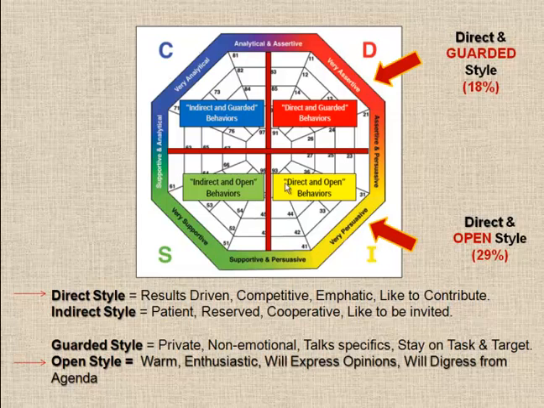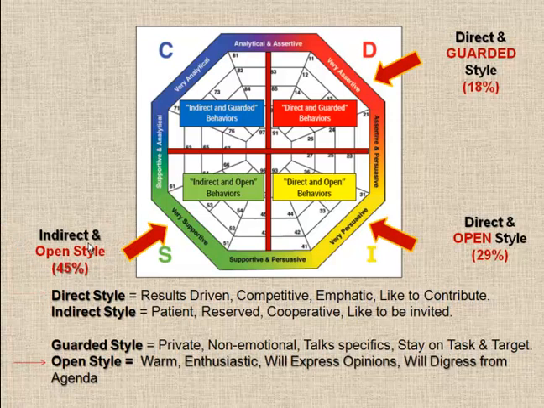They want to talk about their personal feelings. They want to talk about your feelings, etc. Only 29% of the world's population plots in this quadrant, which means that 71%, 7 out of 10 people, would not respond to this style. You see where we're going with this.